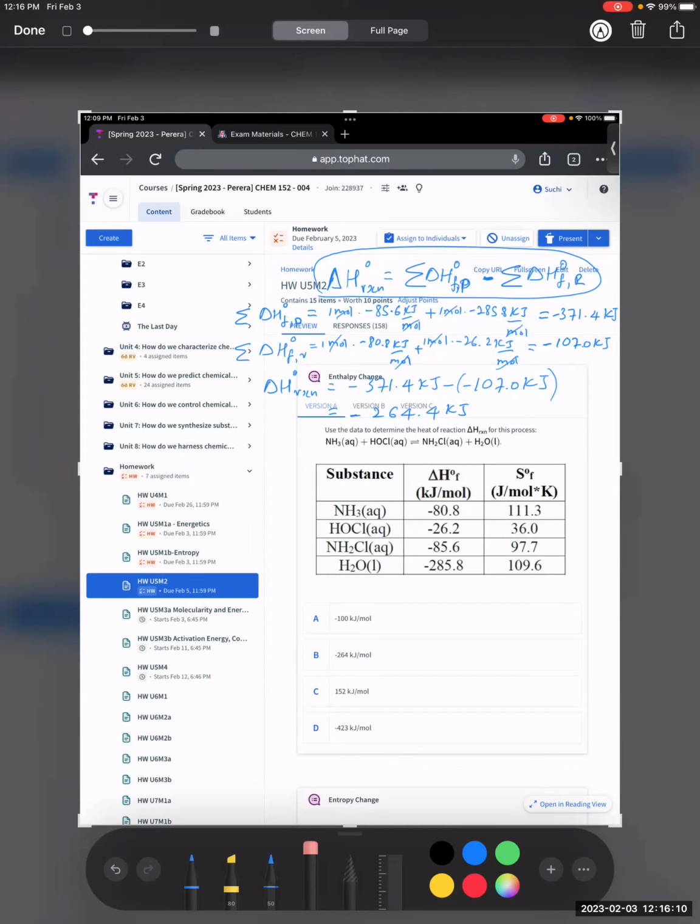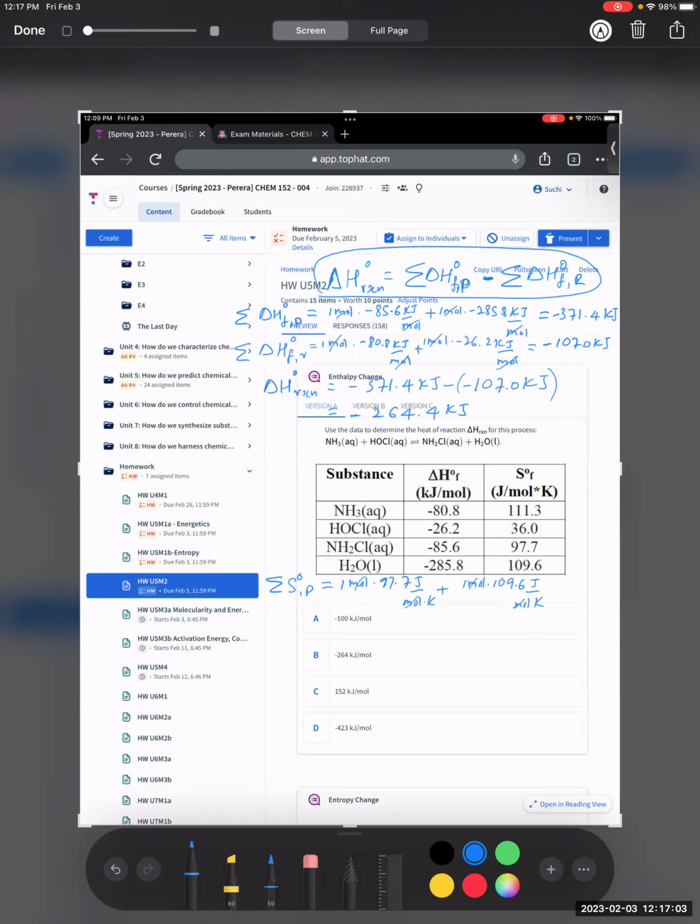To do that, let's first get the sum of standard entropy values for the products. On the product side, we have 1 mole of NH2Cl, which has a standard entropy of 97.7 joules per mole per Kelvin, plus 1 mole of water, which is 109.6 joules per mole per Kelvin, and moles cancel out.